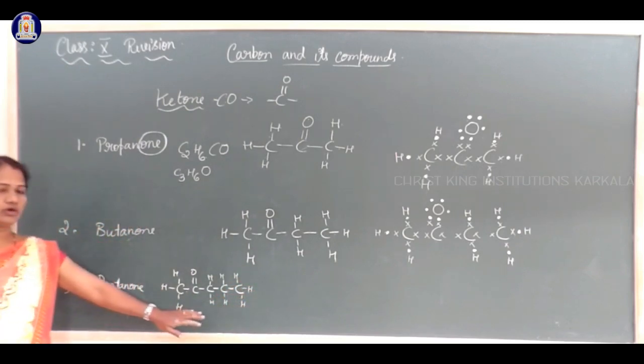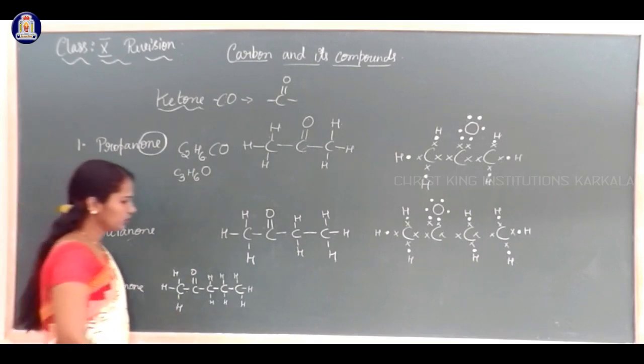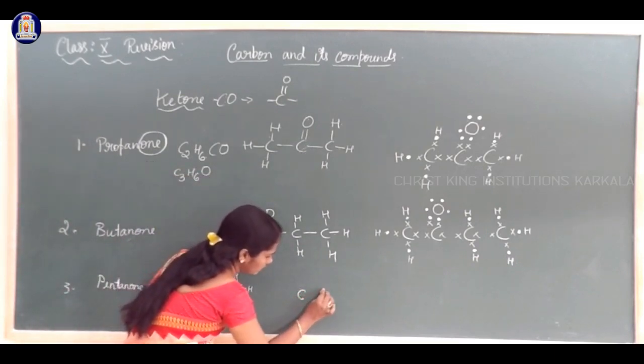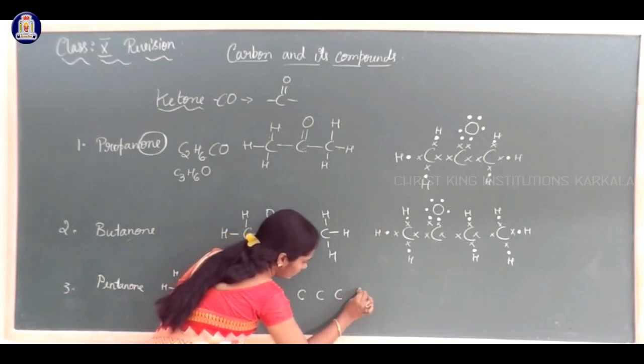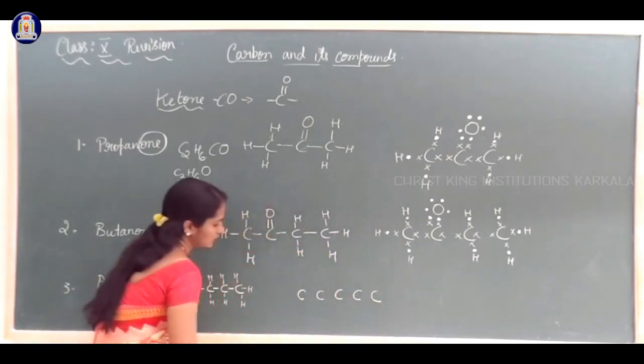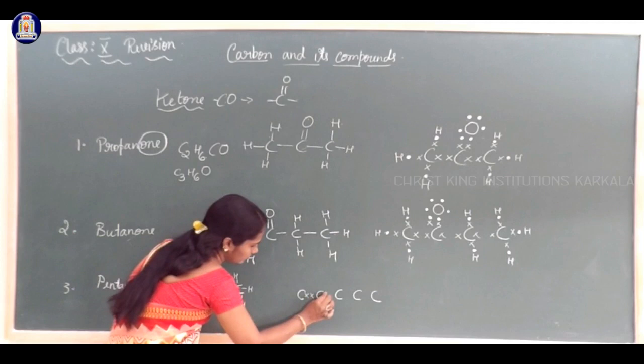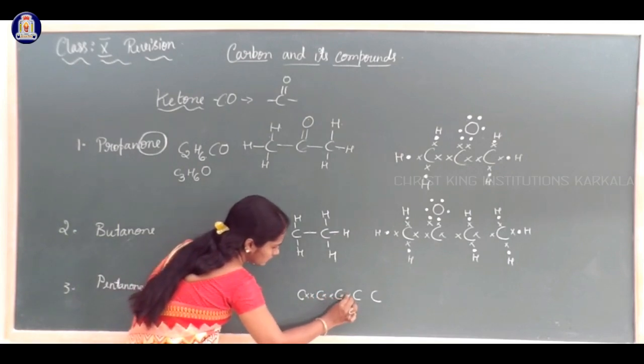I write electron dot structure of this. 5 carbon atoms, 1, 2, 3, 4, 5. Single bond between them. So 2 electrons.